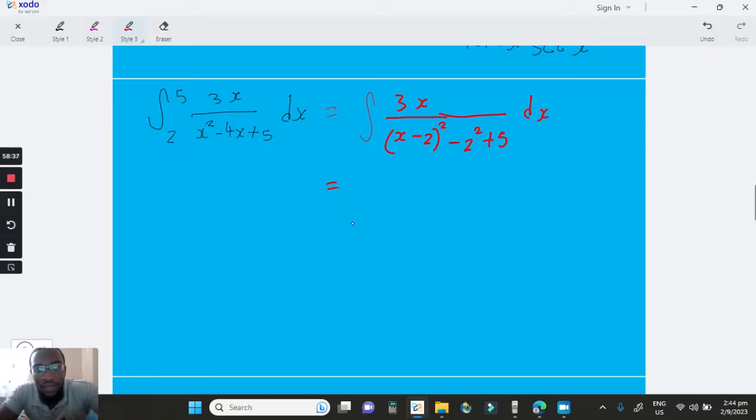So the integral of 3x over (x minus 2) squared, minus 4 plus 5 is plus 1.